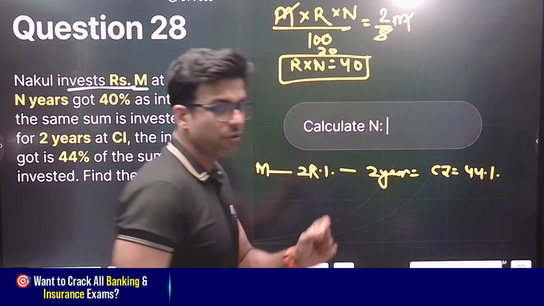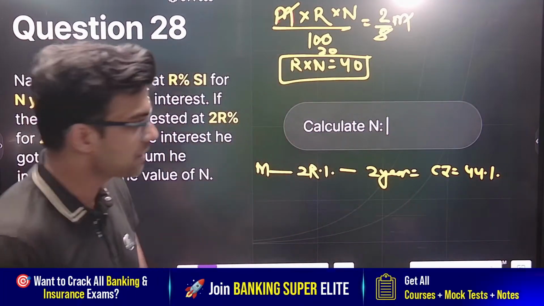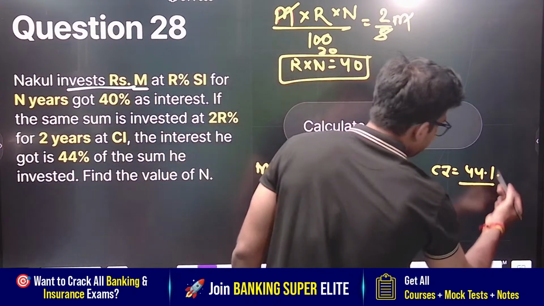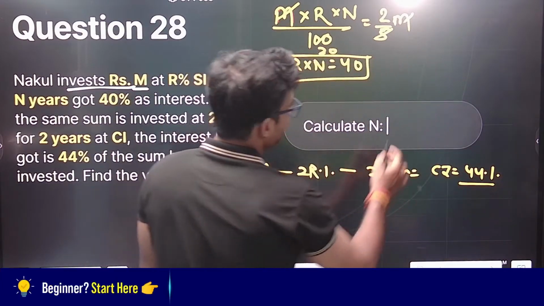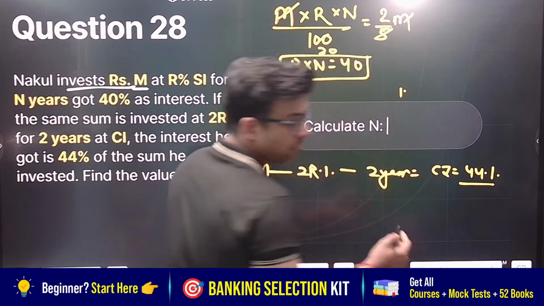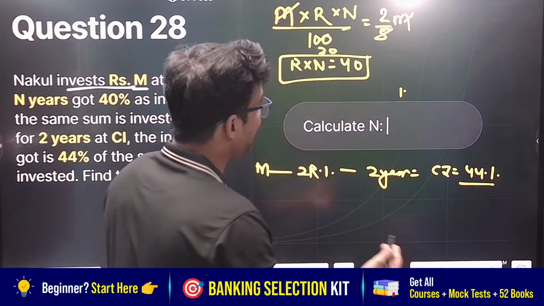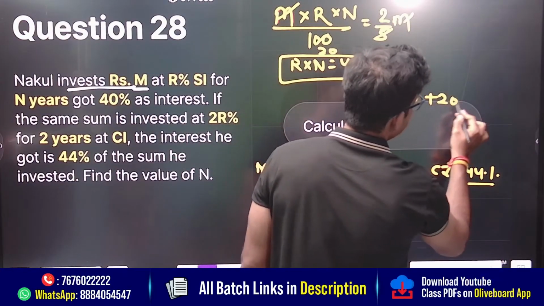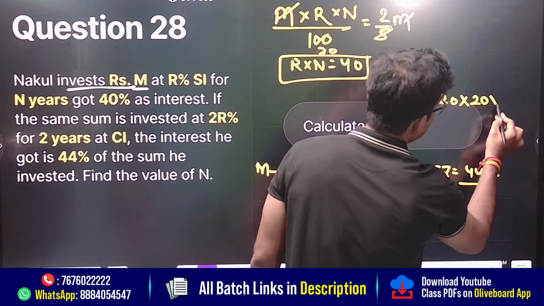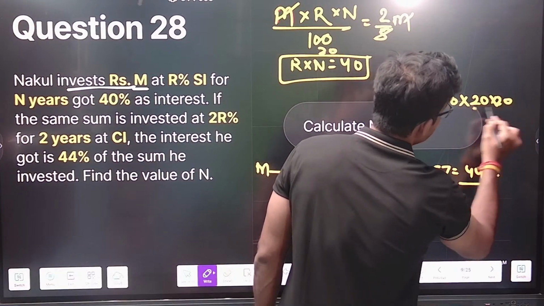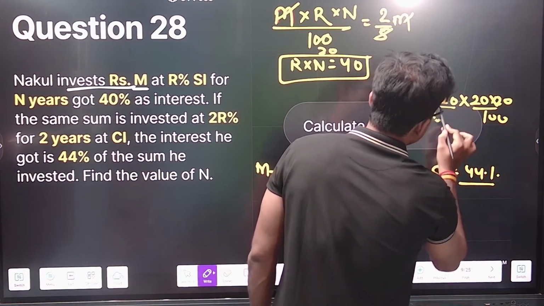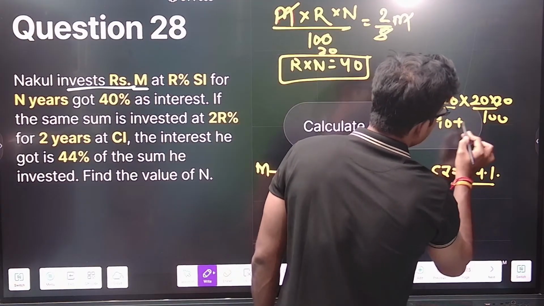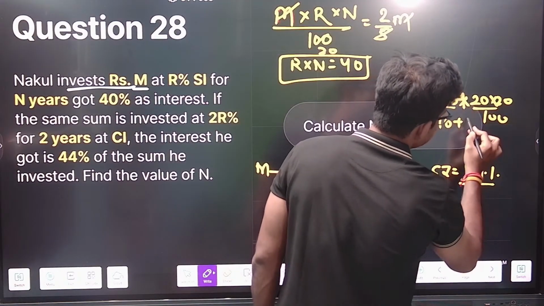Now guys, if you are very clever, you can understand 44% only comes when you add how much? When you go 20%, because 20% plus 20% plus 20 into 20 by 100. This is basically 40, and plus this is basically 4.